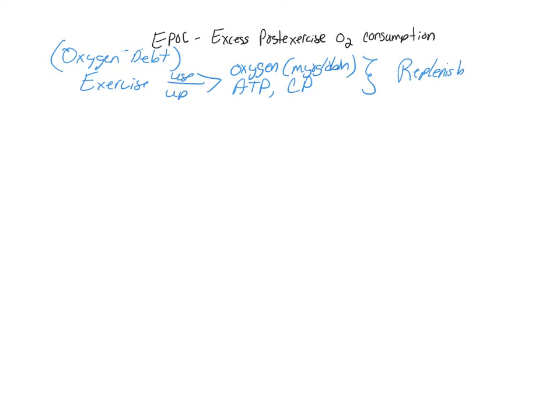But the critical part here, the key, is going to be oxygen. Okay, for all of this, you need oxygen to be present. Okay, and you've used up the store of oxygen in the myoglobin, and so you're going to have to get it from the blood circulation as it's going around the body.